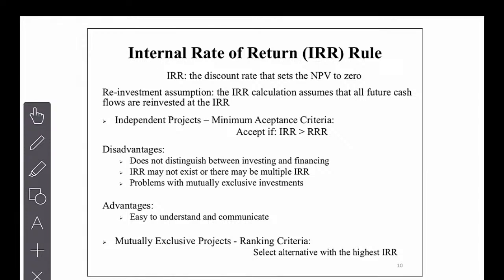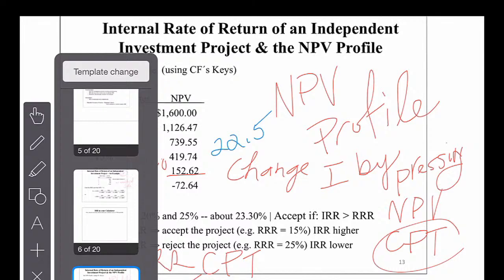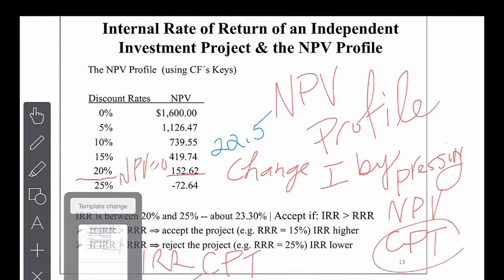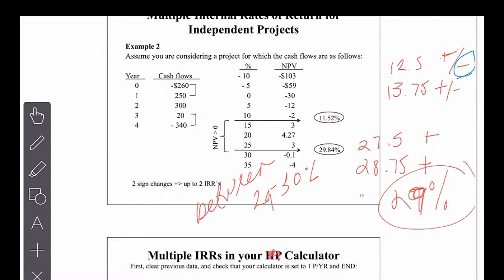Brenda, how do you calculate the second IRR? The way that you do that is the way we did it before. We make the profile, we find one, but we know there might be another, so we keep going. And we see the sign changes here. So then we go between 25 and 30, we expand.